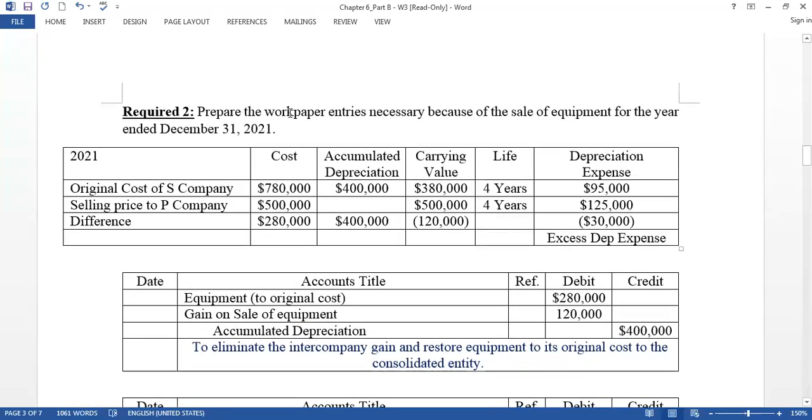Prepare work paper entries necessary because of the sale of equipment for the year ended December 31st, 2021. So just 6 months later, look at this schedule first. This is something like workings that will help you find some important numbers that we need to adjust later on.